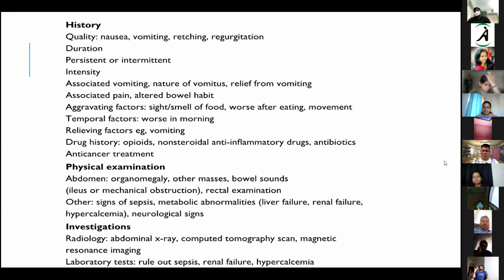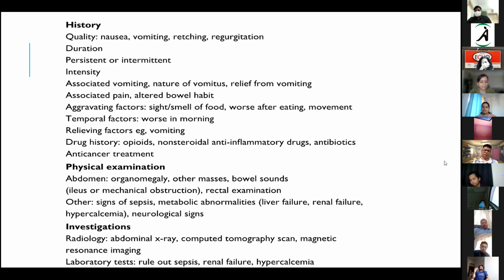When we go towards physical examination, it's mainly about looking at any abdominal pathology to rule out organomegaly, masses, look at bowel sounds, whether it could be a bowel obstruction leading to it, and also rectal examination, because certain patients with impacted feces, severe constipation, almost obstipation, are not able to tolerate food orally and end up vomiting. Also look for causes where there could be rectal impaction with stools.